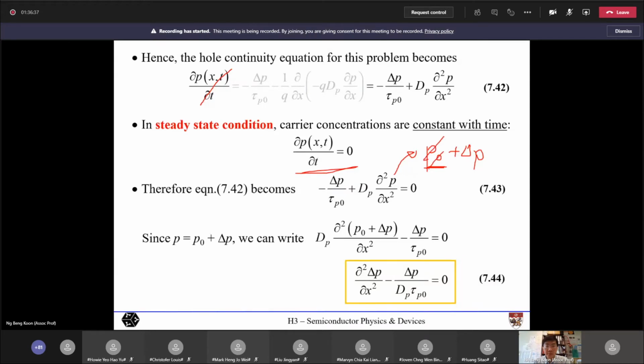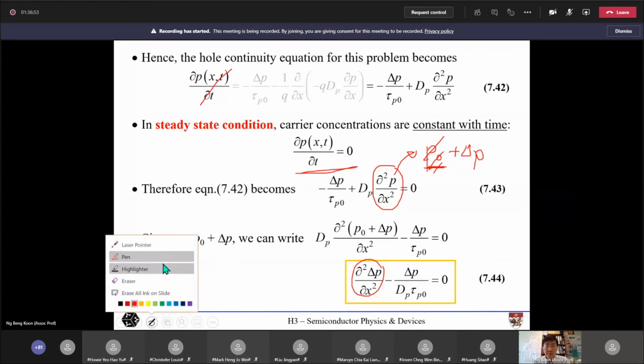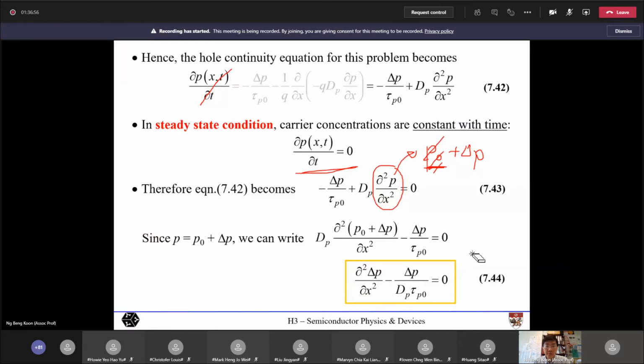So that term disappears when you differentiate, and the second derivative of p is essentially the same as the second derivative of delta P. This gives us effectively a second order partial differential equation. It's not the standard differential equation you're familiar with, because our function is multivariable, x and t, which is why we write it as a partial derivative. But anyway, it is essentially a second order differential equation.